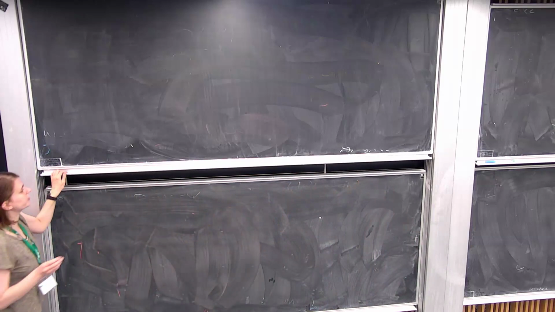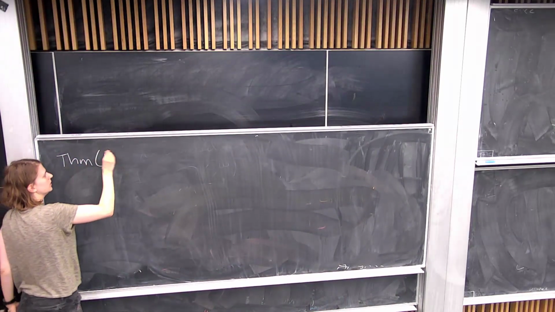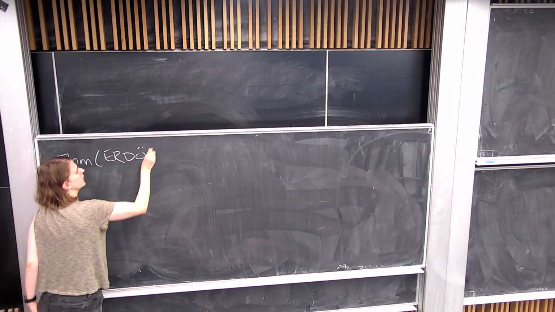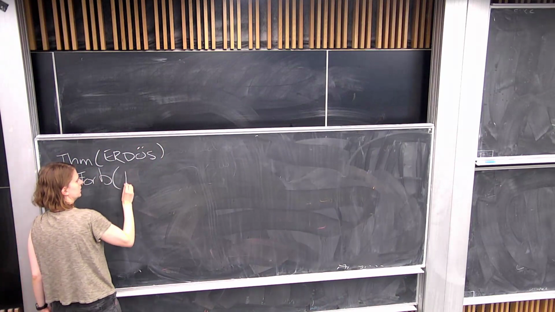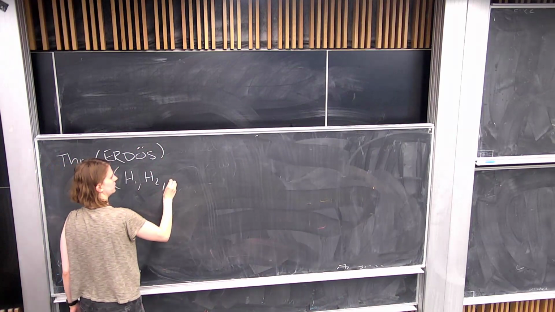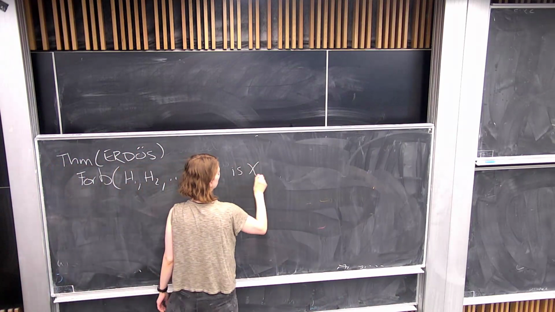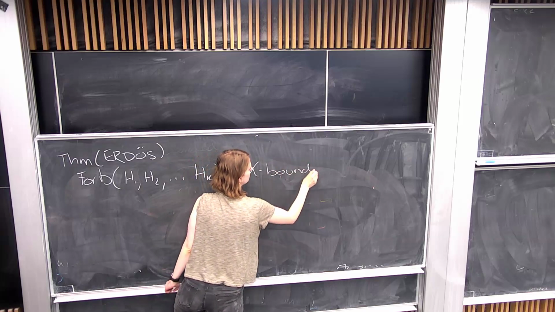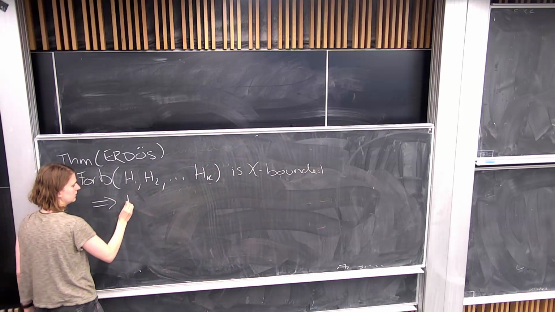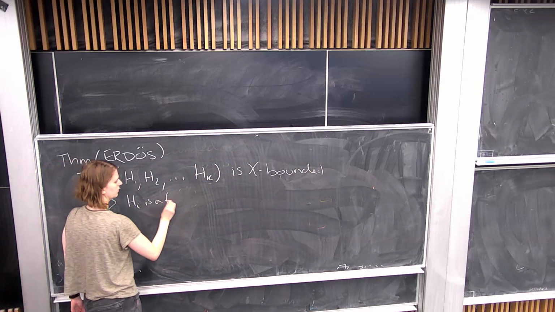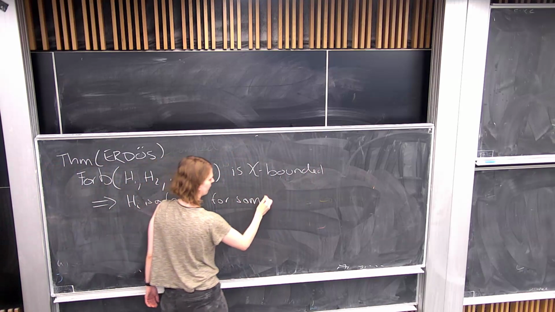So just to recall, one way of writing this theorem from Erdős is: if you're forbidding a finite set of graphs, H1, H2, up to Hk, and that class is chi-bounded, that implies that for some i, one of the graphs is a forest.